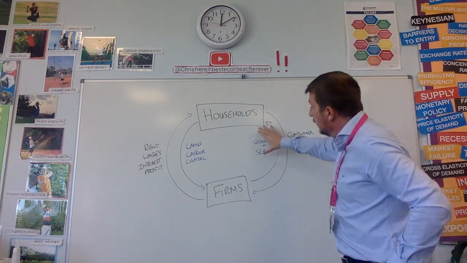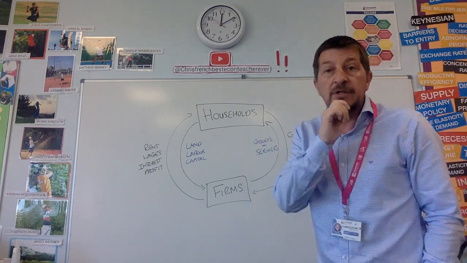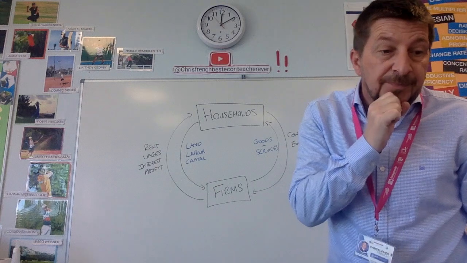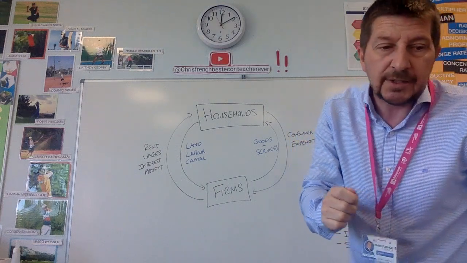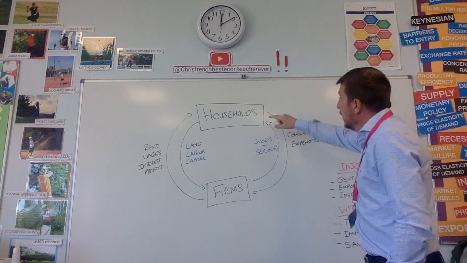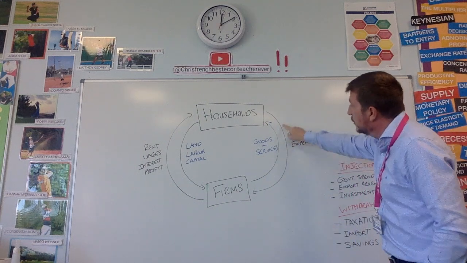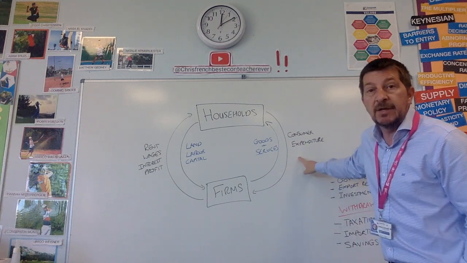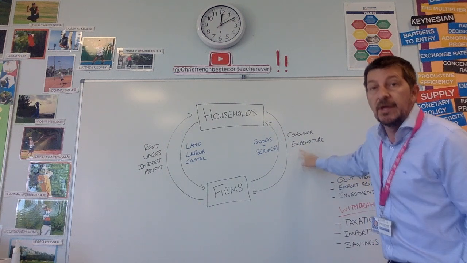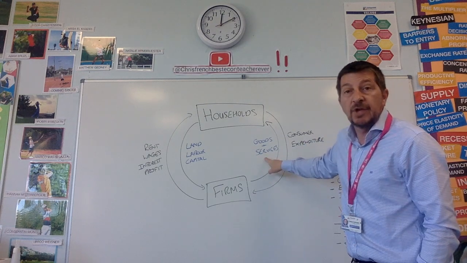Okay, so we've got the output method that we can use to measure the size of that economy. We can also look at the expenditure method. This is where we calculate the total amount of consumer spending in the economy, which of course should be the same as the goods and services, right?